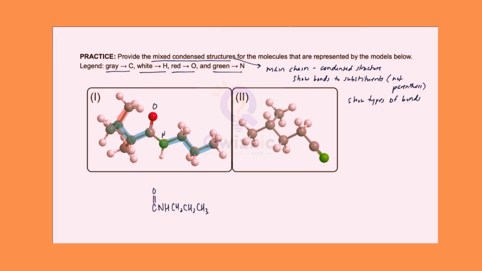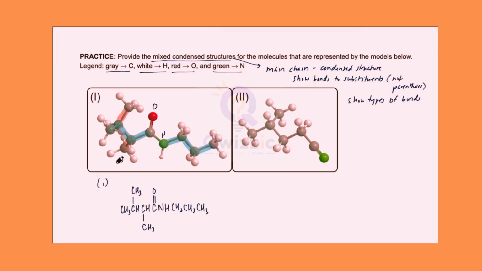So the way we write that, working to the left, kind of backwards from the carbonyl carbon, we've got a CH that has a methyl substituent, so we draw a line down from the C and write CH3. And then we've got another CH, and that has another CH3 that we'll call part of the main chain, and then we'll draw a line up from that second carbon and draw CH3, the other methyl group.